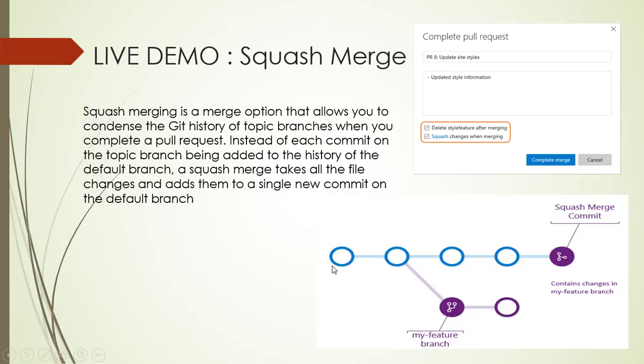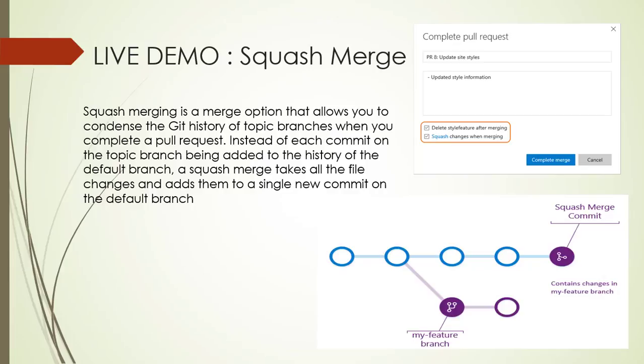If you see on my screen, let's assume this is the master branch, and after that I have created a new branch with the name feature branch. I have made multiple commits, but finally I have to merge the changes into my master branch. I don't want to see all the commits when I go to the master branch.